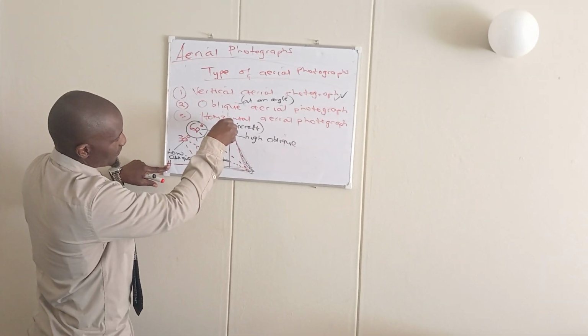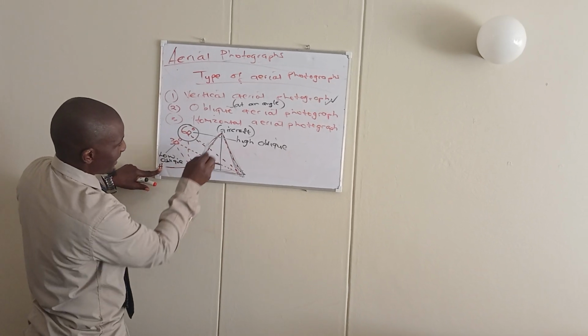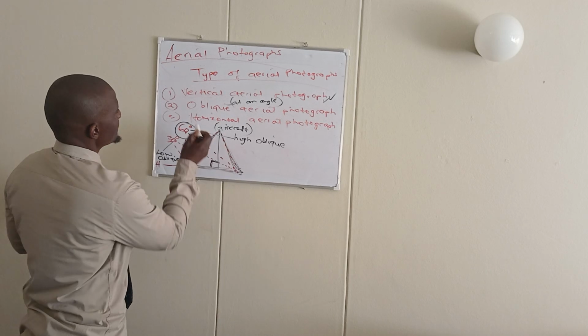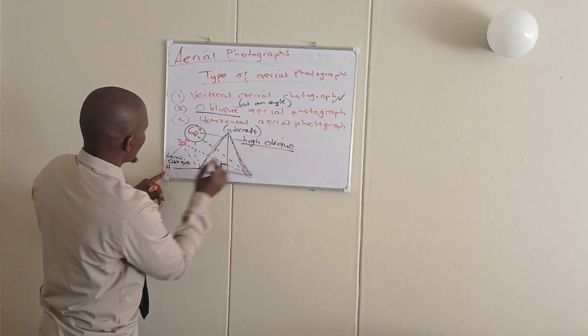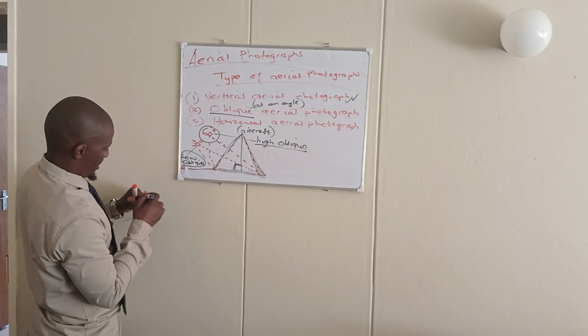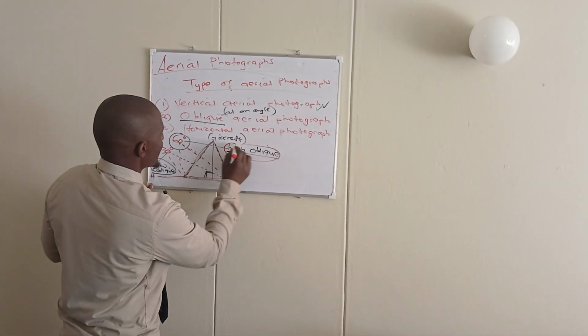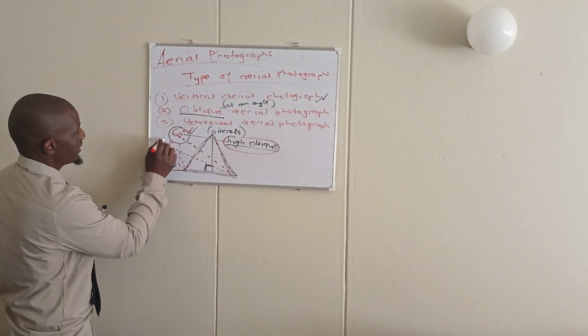Then you have an oblique, which simply means at an angle. It can be higher oblique or lower oblique. Higher oblique is at 60 degrees and lower oblique is at 30 degrees.